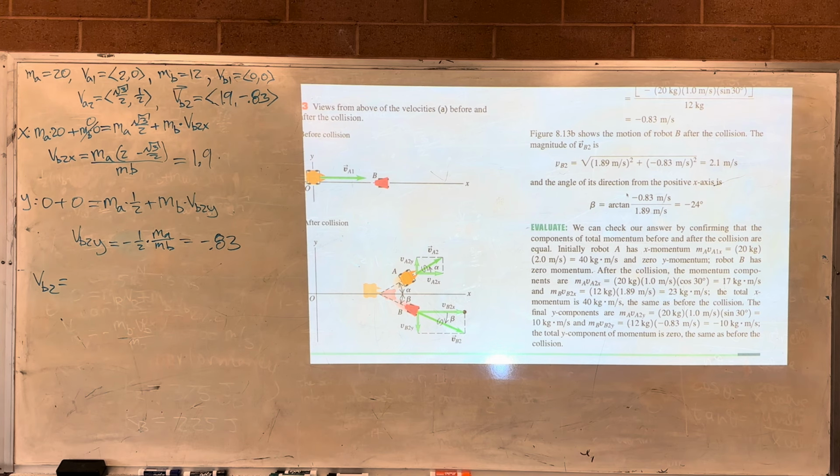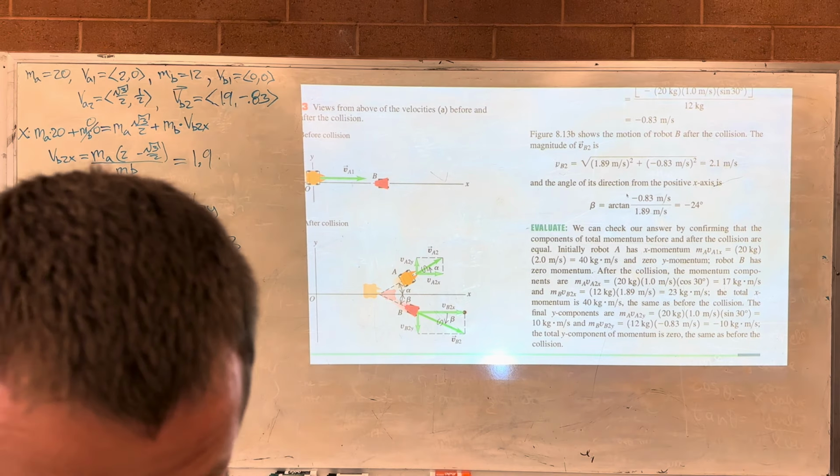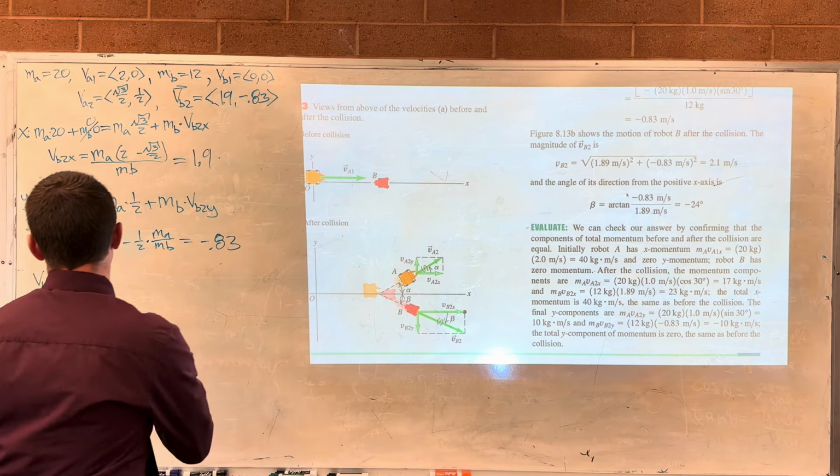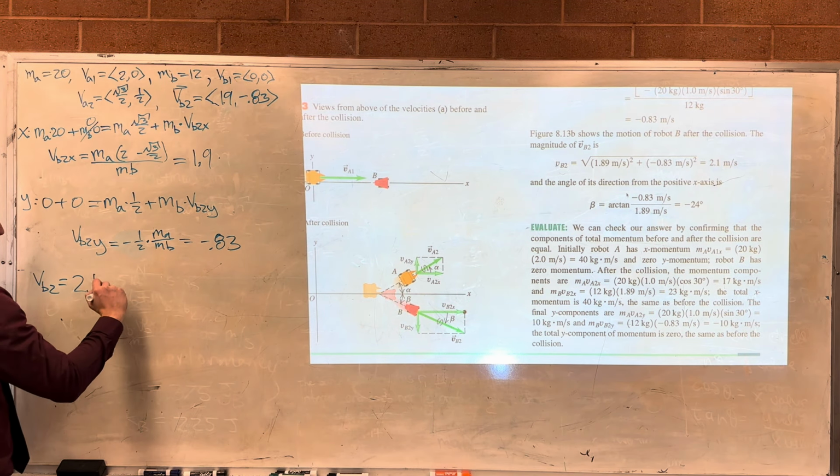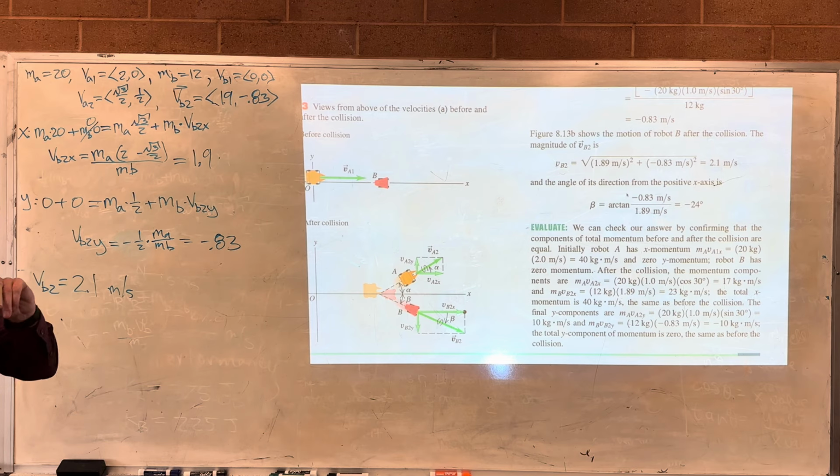So we want that squared plus that all squared. Okay, 2.06 rounds to 2.1. So this comes out to 2.1 meters per second, which is what they've got, right? Yeah.